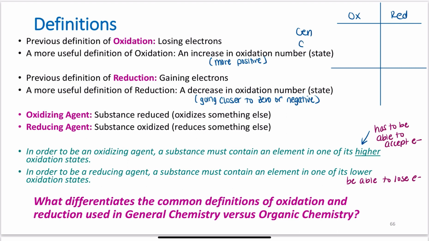In Gen Chem, we say oxidation is a decrease in number of electrons or an increase in your oxidation number. Reduction is an increase in the number of electrons or a decrease in the oxidation number. Now, this is always true.